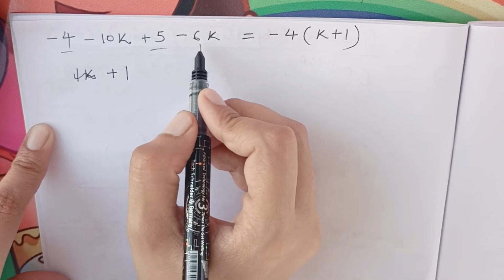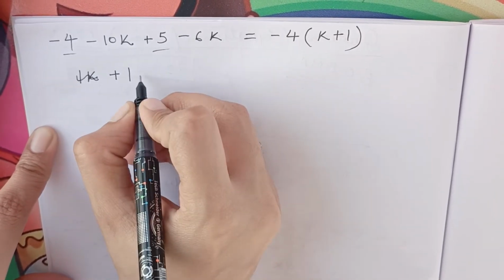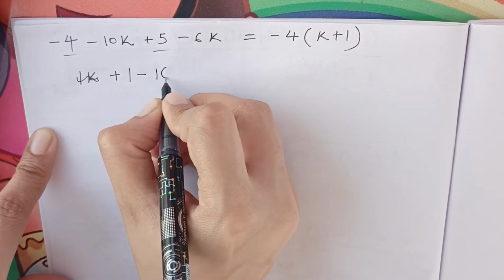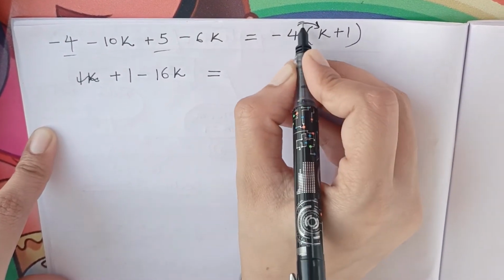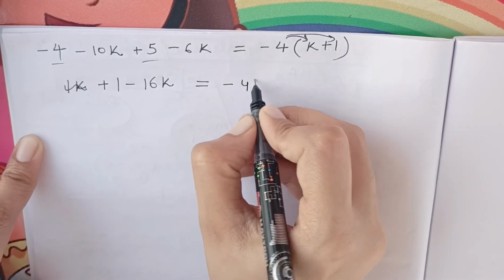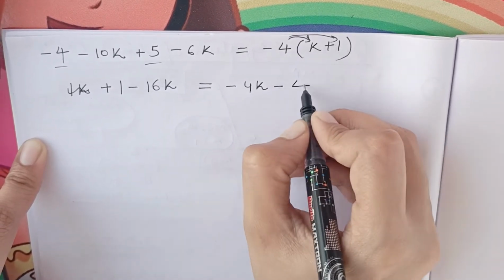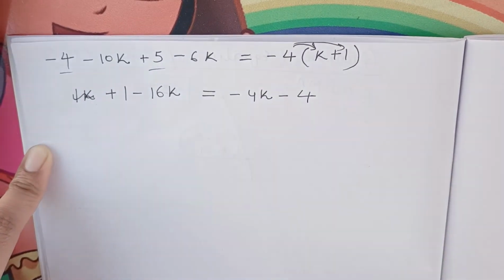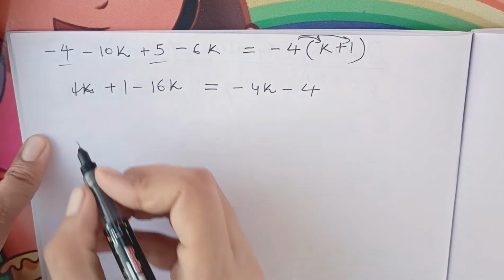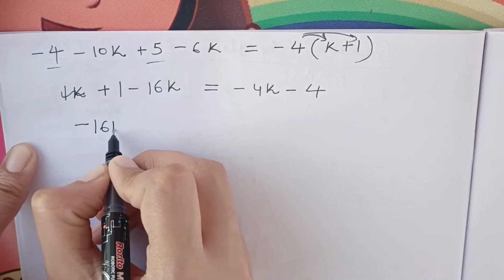Minus 10 and minus 6: minus minus becomes plus with the minus sign, so 10 plus 6 is 16, so minus 16k. This we will multiply: minus 4 into k is minus 4k, minus 4 into 1 is minus 4.